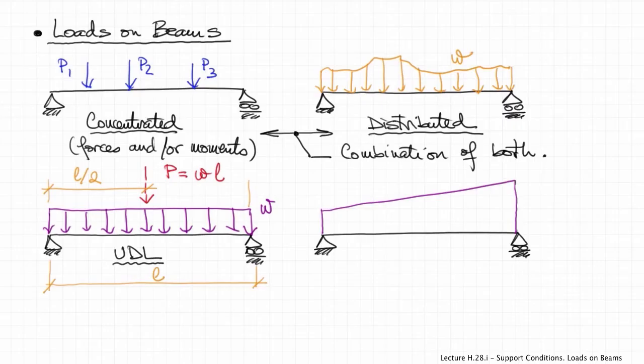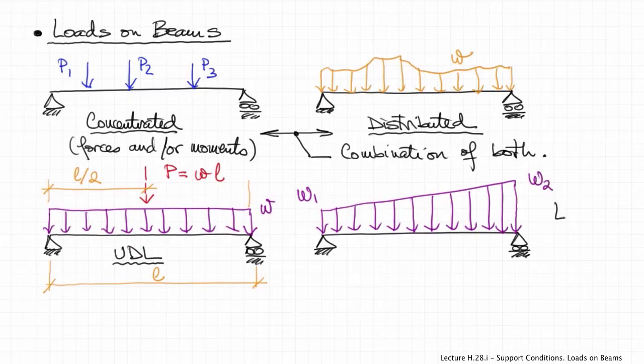Now, another common case is when the beam is loaded by a load that varies linearly. So this is a linearly distributed load with load intensities w1 and w2. And we abbreviate this one as an LDL, linearly distributed load.